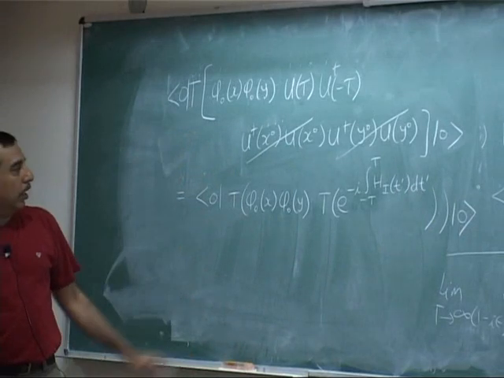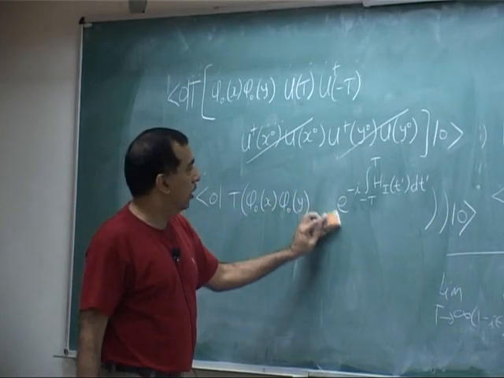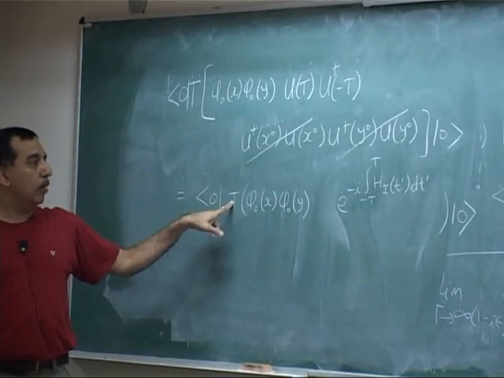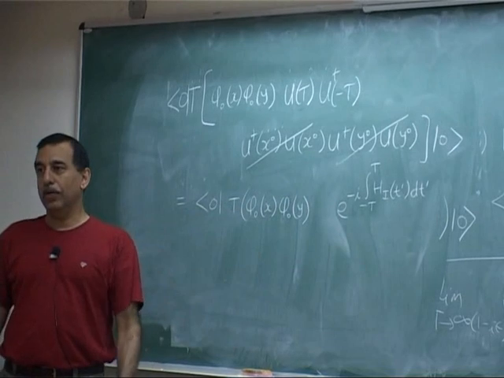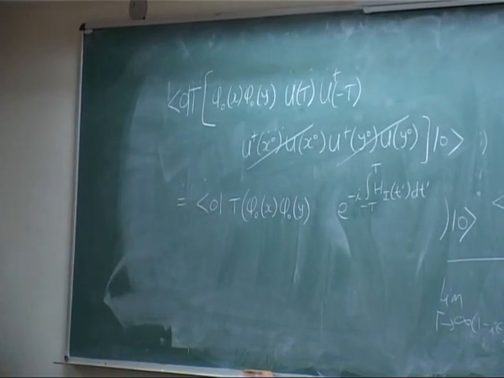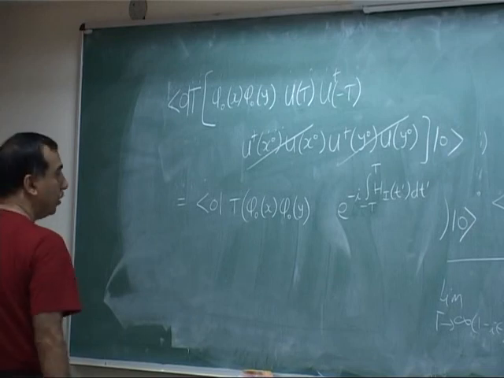Time ordering is outside, therefore I don't need to take it. Exactly right. That would be the next step. I would drop it, saying that since time ordering is outside, I don't need it anymore. Very good. So this is more or less our final answer.